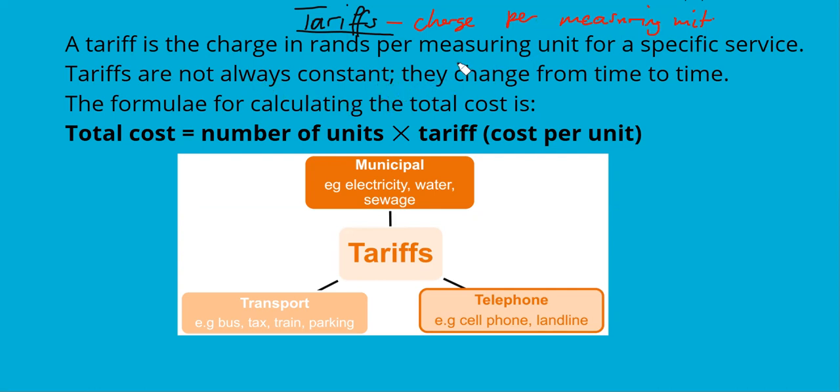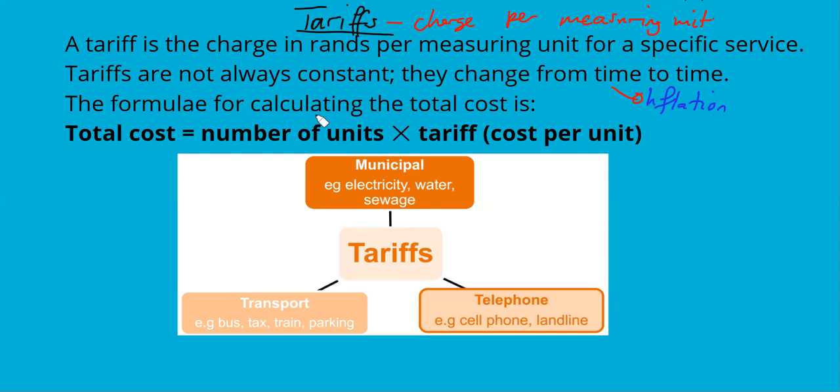The charge per measuring unit could be, for example, the cost of fuel. We see that the price of fuel changes from time to time. We can also refer to that as inflation. When prices are rising, it means inflation.